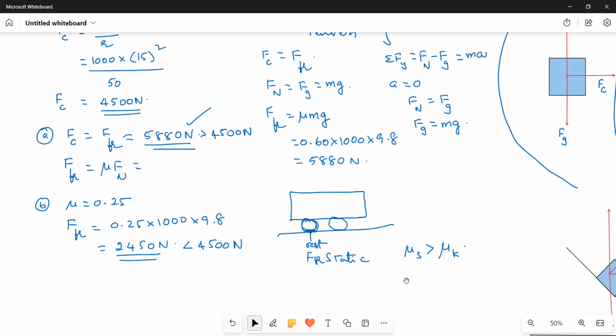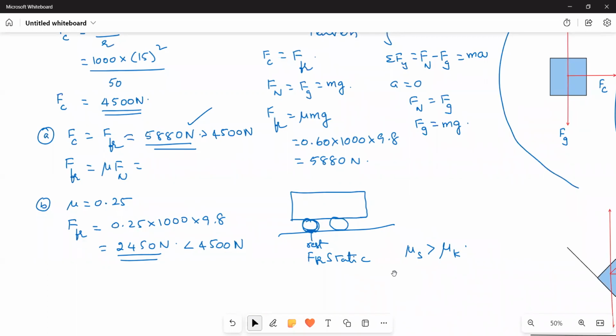But when they are skidding, the tires will not come to rest, and therefore the static friction will not come into the picture. The kinetic friction comes into the picture. As I already told you, the coefficient of kinetic friction is less than the coefficient of static friction. It fails to provide the required centripetal force. So instead of negotiating the curve, the car flies off.